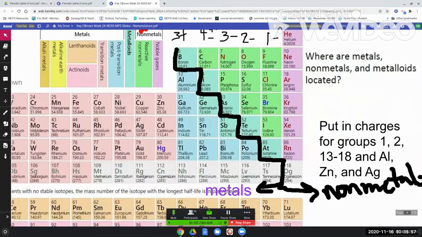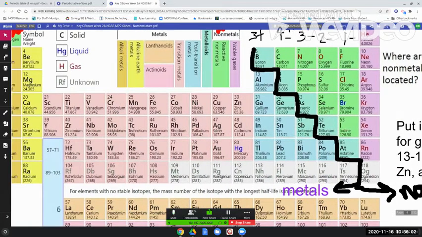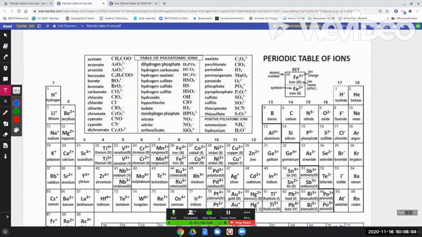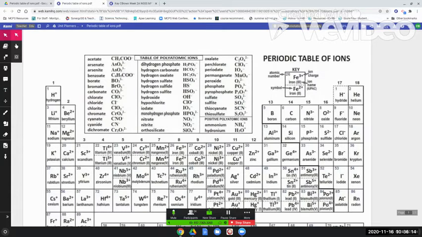Charges for aluminum, zinc, and silver. So aluminum, zinc, and silver tend to have a single charge. On this periodic table, they show you the most common charges that you would normally see. So like here, there might only be 1 charge here and here, but those are just the most common charges for those elements, not all the possible charges, okay? So notice manganese is +2, +4, +5.